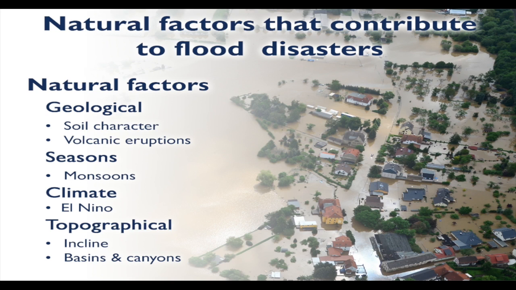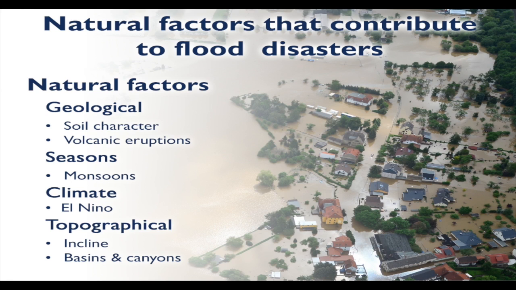In addition, another natural factor that contributes to floods is the seasons. For example, monsoon season in many areas of the world. In South Asia and Southeast Asia, the monsoons bring many, many days of rain, and that increased precipitation builds over time and causes more riverine flooding events.